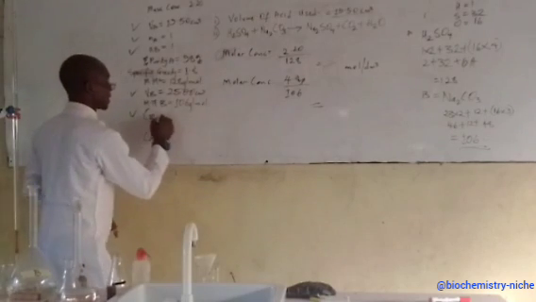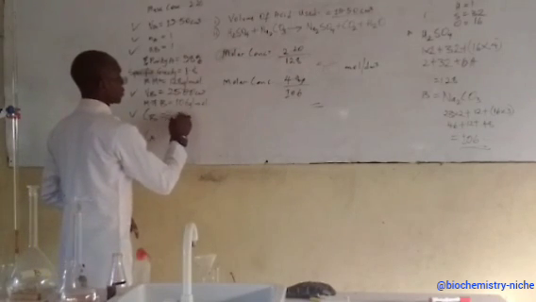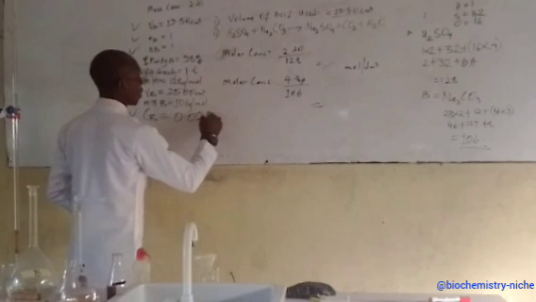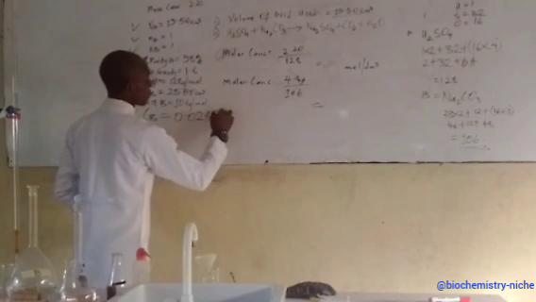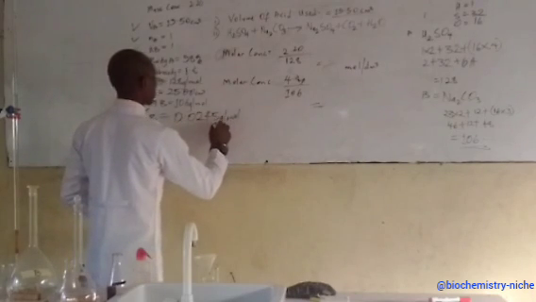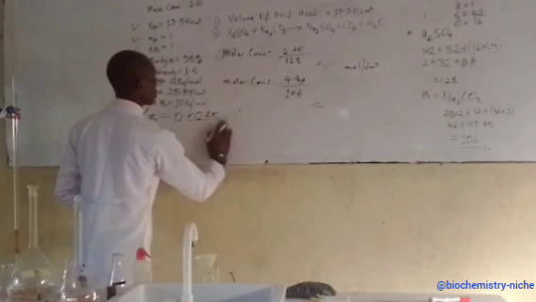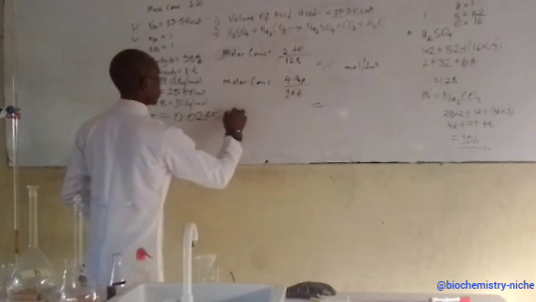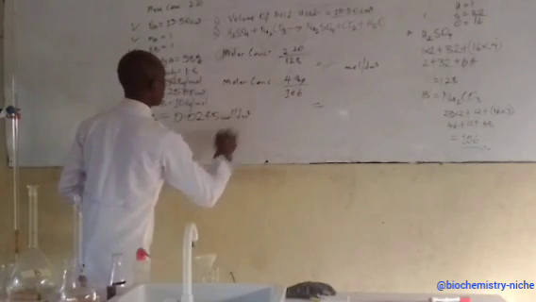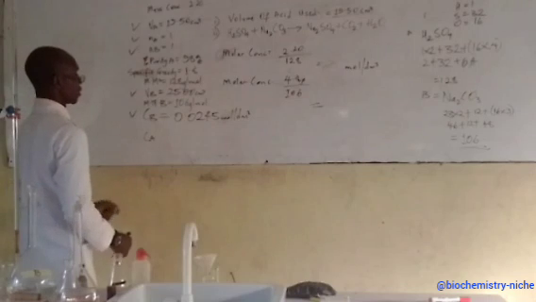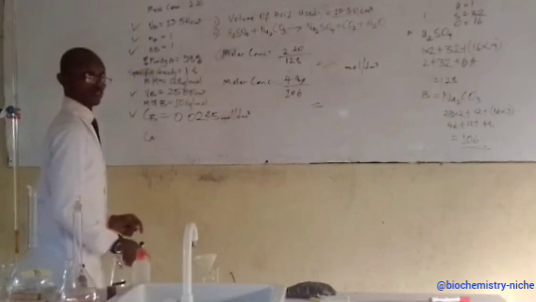Let's assume our CB was given as 0.0245 moles per dm³. Let's assume that is what we were given for our concentration of base.